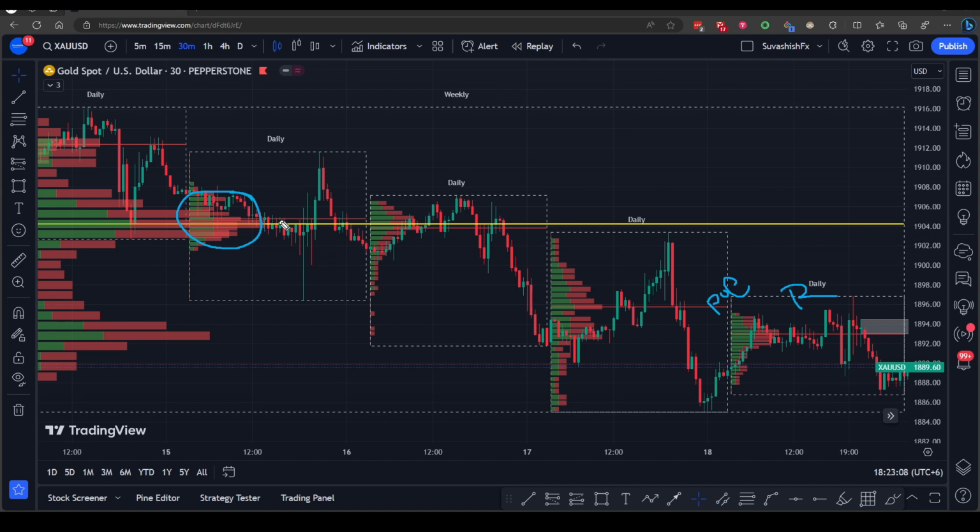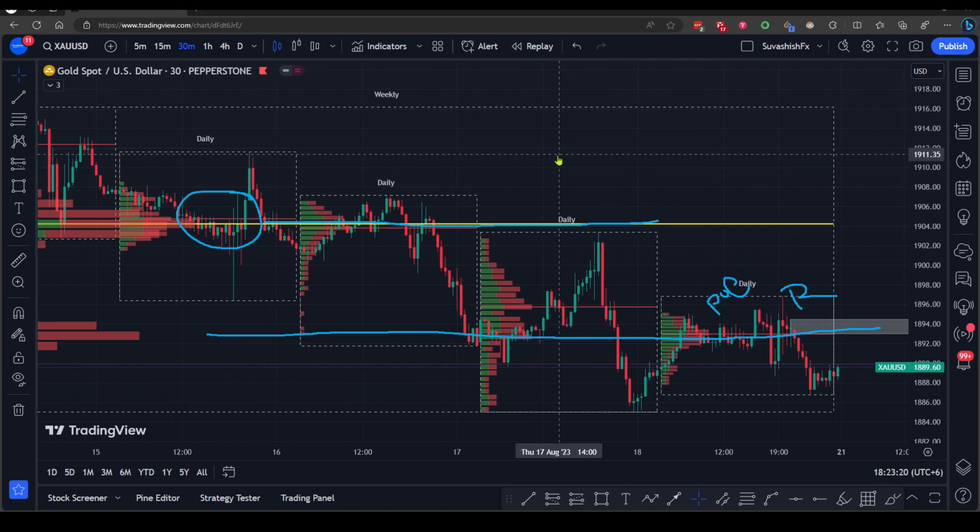Did you see? That's the strong POC level for weekly, and that's the second one which totally moved to my level. You see, so that's the second confirmation that a strong seller is also waiting at that area.